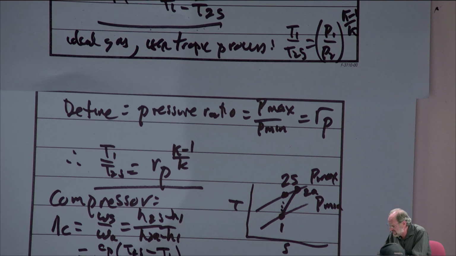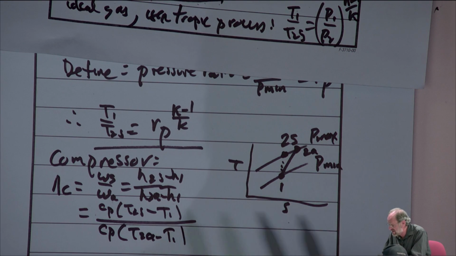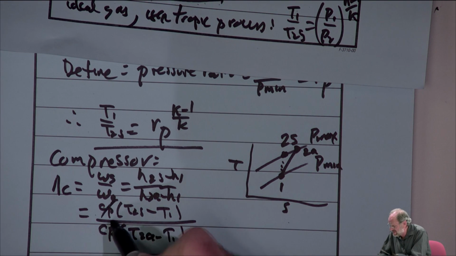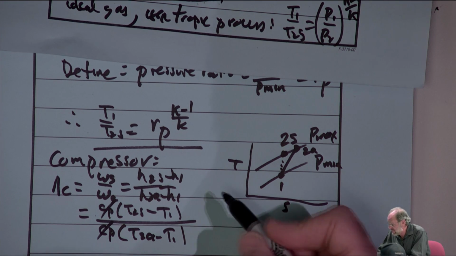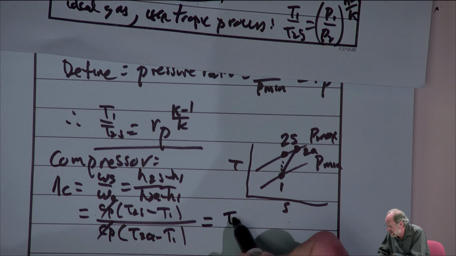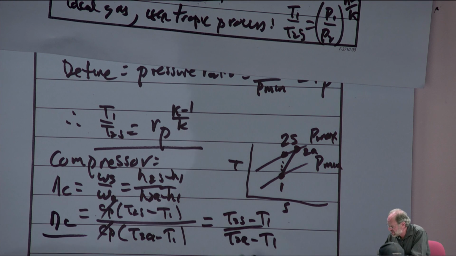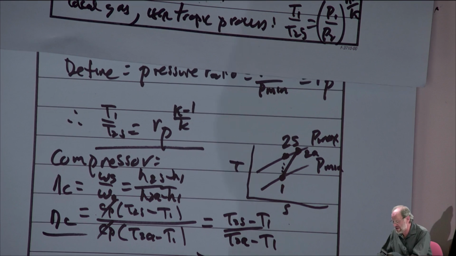So Cp times T2S minus T1 over Cp times T2 actual minus T1. Again, the Cp's cancel. And we end up then with an equation for the compressor efficiency. It's just T2S minus T1 over T2 actual minus T1. So this is how I'm going to find the isentropic efficiency for a compressor.